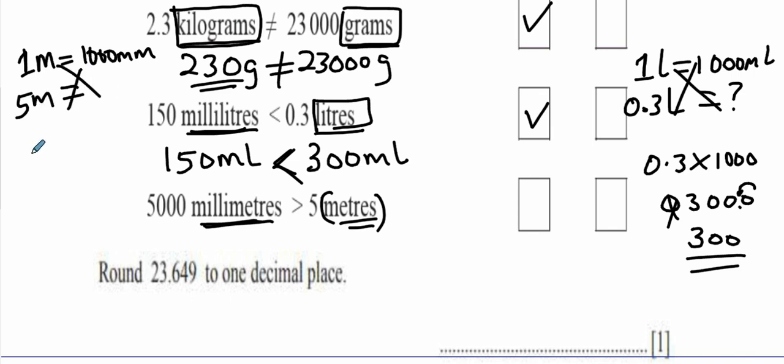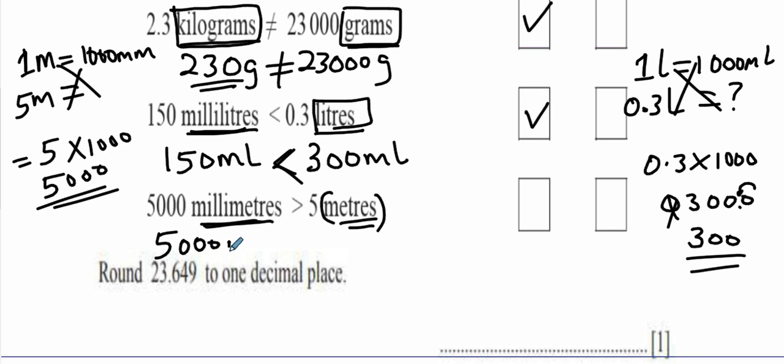So cross multiply, it will be 5 times 1000, and this will be 5000. Now can you see this? This suggests 5000 millimeters is greater than 5000 millimeters, because 5 meters equals 5000. So is this number greater than this number? No, these numbers are equal. So the answer is false.